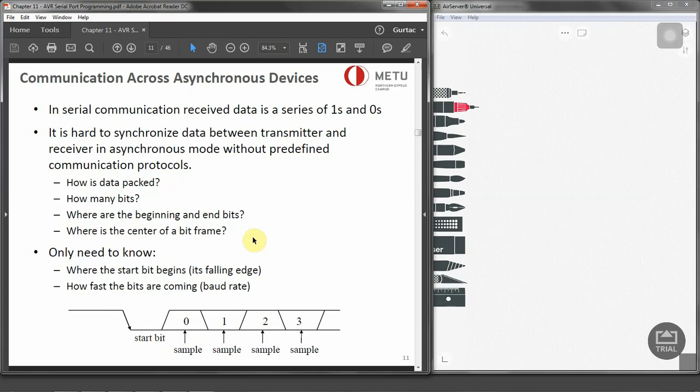So in these protocols, we have to say how the data is packed, how many bits we are sending in this package, and where are the beginning and the end bits, and where is the center of it. So we have to know each of these on both sides so that we can transfer data.